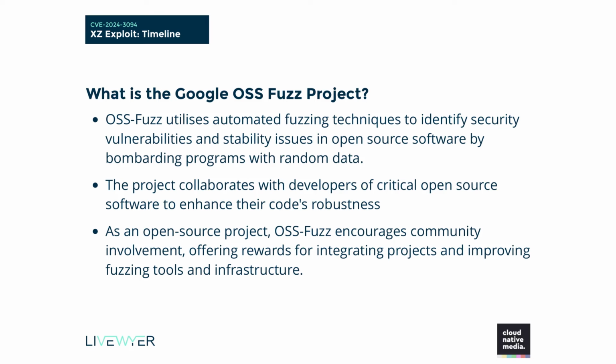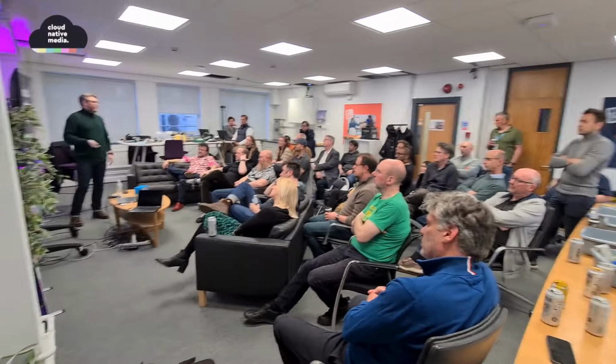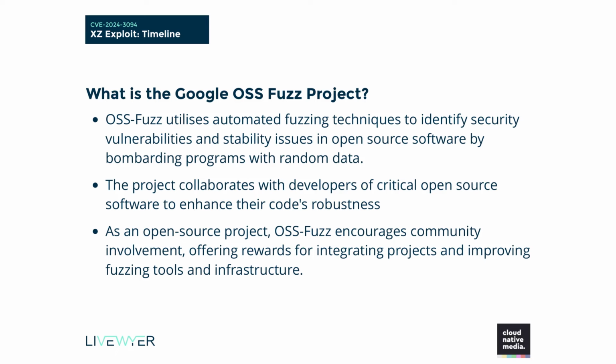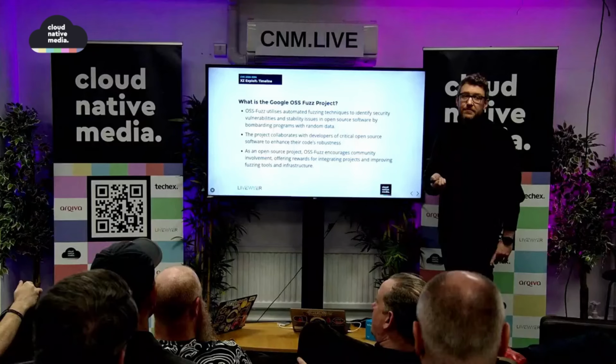So what is the Google OSS Fuzz project? If no one's familiar with the idea of fuzzing software, or fuzzing logic or hardware, it really is just bombarding things with random data or randomness. It really is as simple as that. You take a port, a service, a piece of software that's used to taking this input, that input, and you send it all manner of garbage, all manner of things that are corrupt, out of whack, and just bombard it with randomness to see if anything sticks.